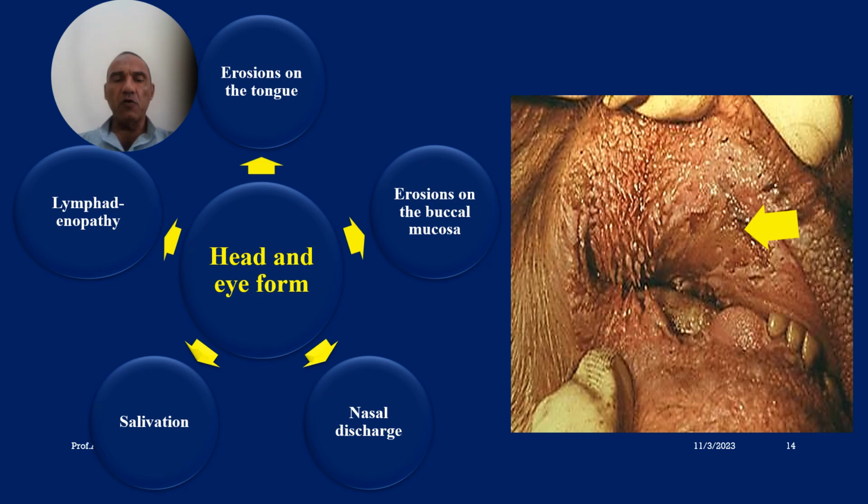Head and eye form also shows erosions on the tongue, erosions on the buccal mucosa as appear here in this picture, and the yellow arrow denotes it.